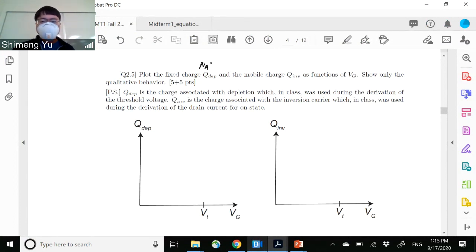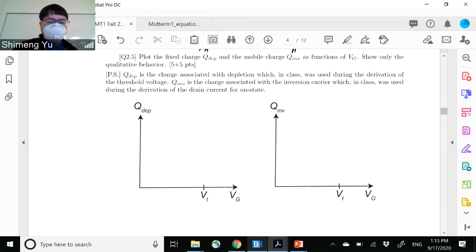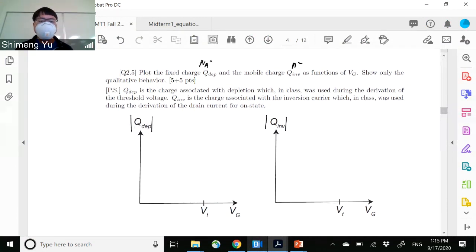And then later when you create inversion, you will have the electron, which is also negative. And then let's draw this, and maybe we should say draw the absolute value of those, because those are negative charge, as a function of the gate voltage.